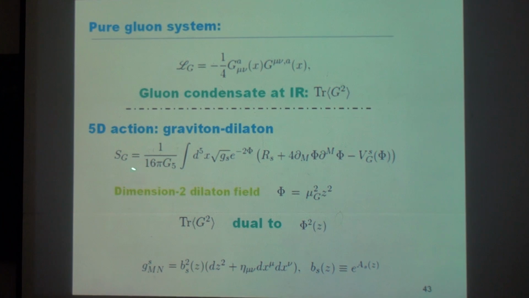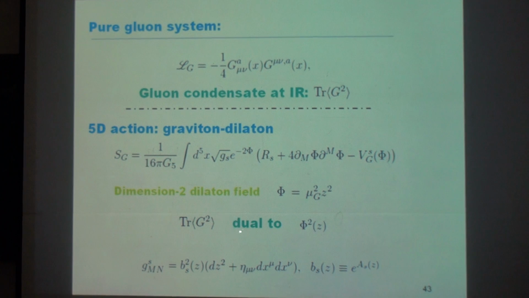And we can construct a graviton-dilaton system where we introduce a dilaton field. Of course, we need a dimension 2 dilaton field. I don't want to get into trouble, but you will see that we really need a quadratic term for this dilaton field.